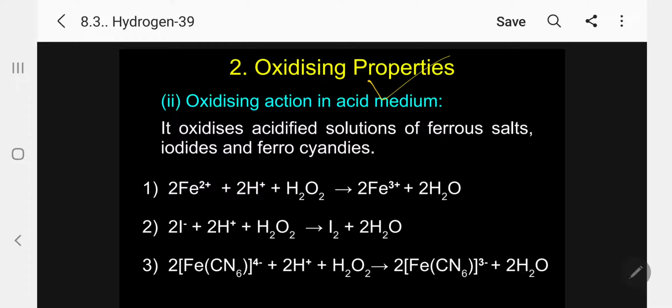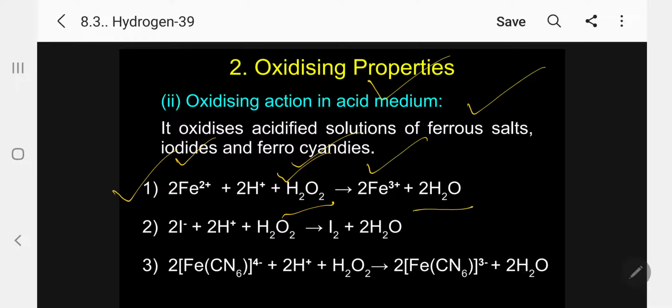It oxidizes acidified solution of ferrous sulfate, ferrous salts, iodides, ferrocyanides, etc. Let me give the first one, ferrous salt, that is ferrous sulfate. For example, in the presence of acid medium, hydrogen peroxide will oxidize ferrous sulfate to ferric sulfate.